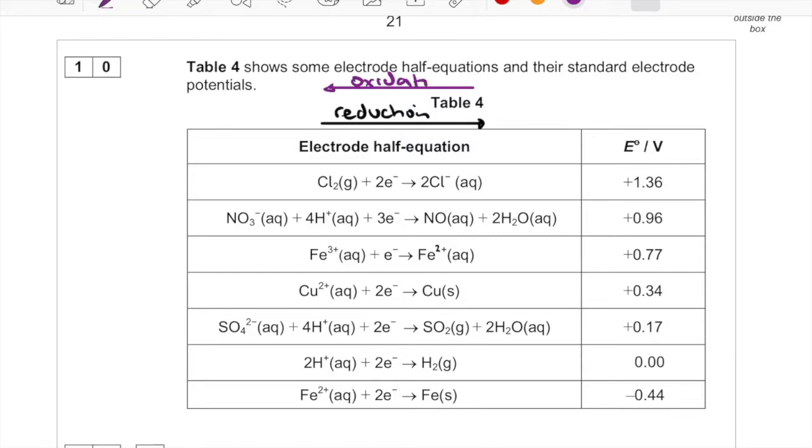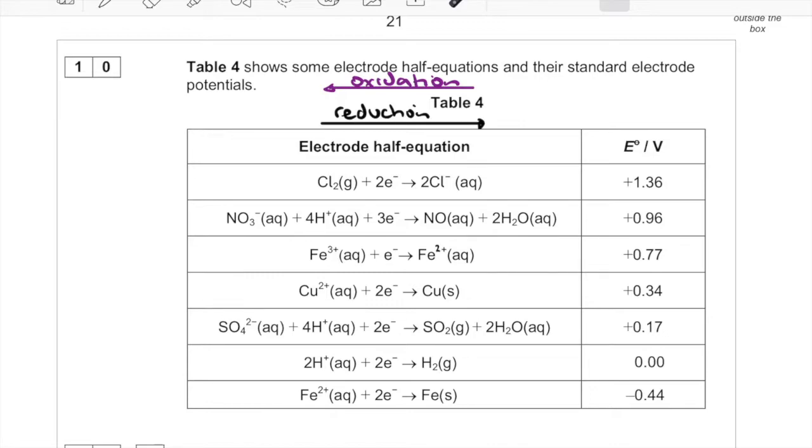From left to right, it's reduction because we can see that a species is gaining electrons. We have an oxidation number on that first one of 0 because it's an element, and we have -1 on the right, so we can see it's being reduced.